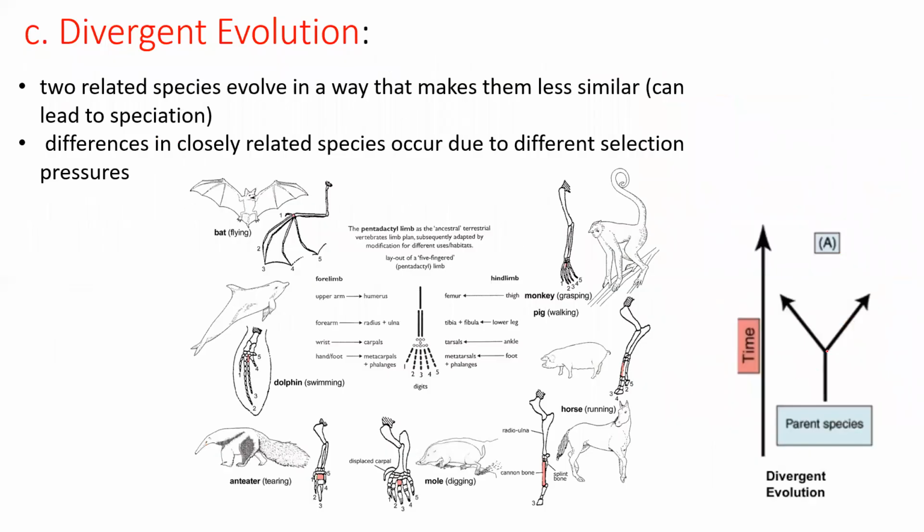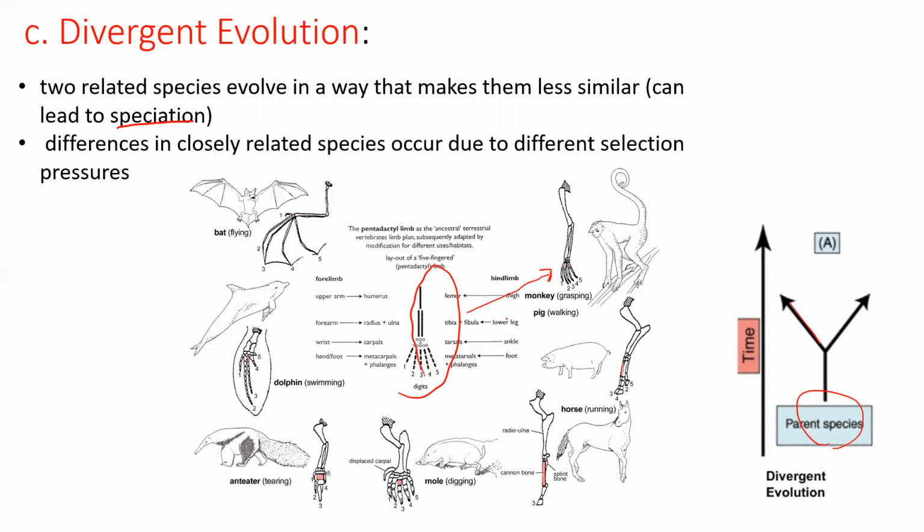Divergent is, as it indicates, parent species that diverge. Two related species evolve in a way that makes them less similar. This can lead to new species. Differences in closely related species occur due to different selection pressures. So there's the original hand. But look at all of these.